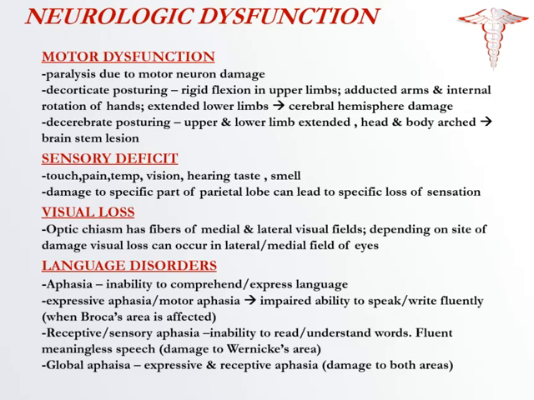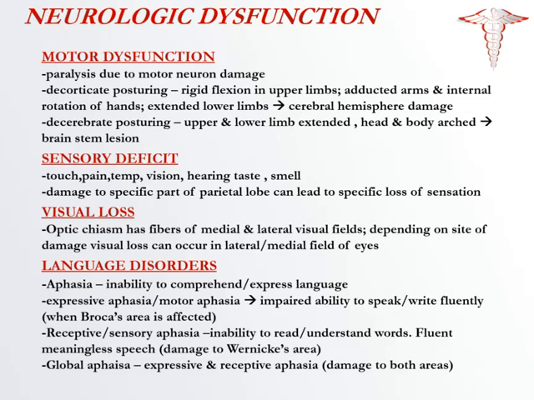Now coming to the other dysfunctions, which is motor dysfunction. What happens in motor dysfunction is there is paralysis which can happen due to motor neuron damage. Remember we discussed the motor neurons, the upper motor and the lower motor neurons. The two postures that we were talking about: there is a decorticate posture.